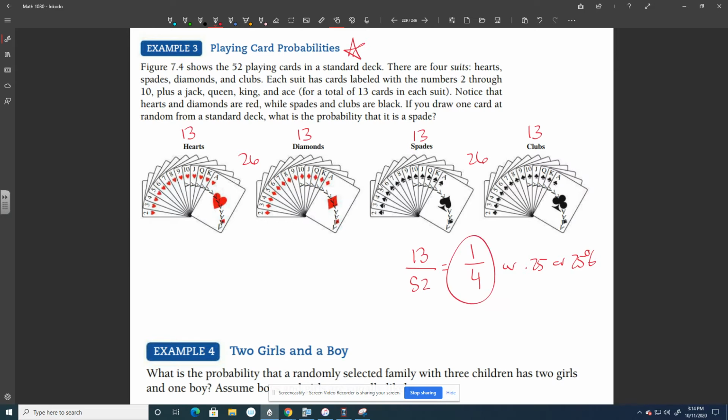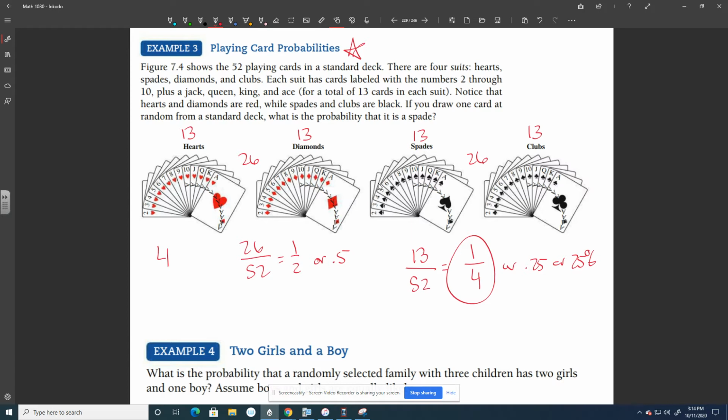I like the 1/4. I've got a 1/4 chance of getting a spade. Okay, 1 in 4 chances. If I wanted to know the probability of getting red, well, there's 26 reds out of 52 cards, so that's a 1/2 or 0.5.